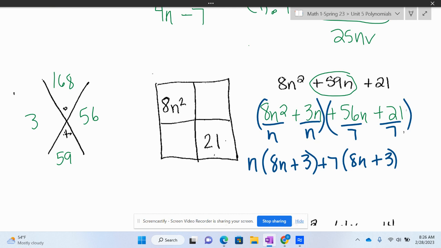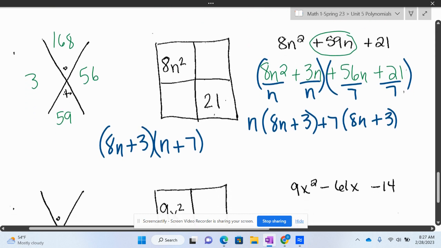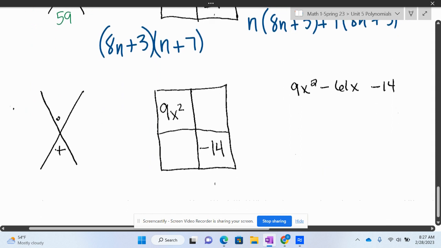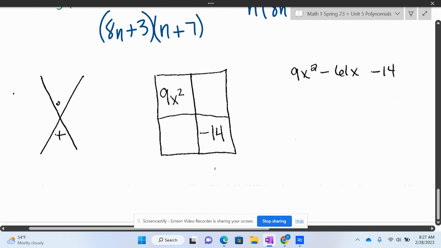One term is exactly the same as the other. 8n plus 3. And then what's left over? N plus 7. Okay. I'm going to freeze the screen and let you guys do the last one.